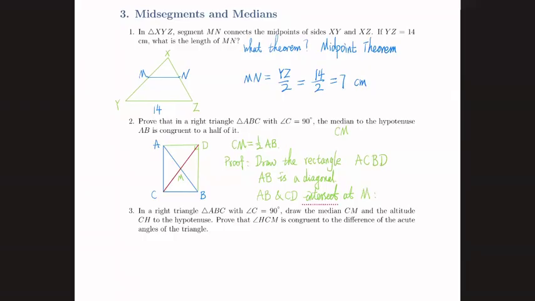So now we have CM is half of CD, and CD is the same as AB. So we give a different proof of the fact that the hypotenuse median is half of the hypotenuse, because we can complete this to a rectangle, and the two diagonals of a rectangle intersect at the midpoint and have the same length.